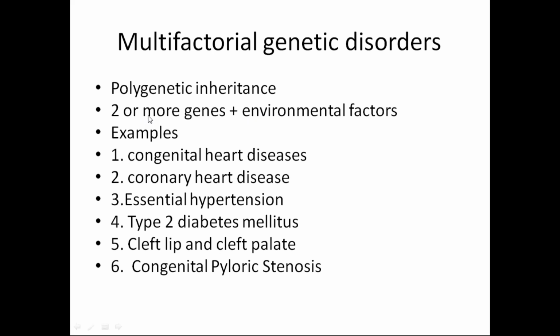These are polygenic, meaning one or more genes are affected, also associated with the influence of environmental risk factors. Examples are mainly cleft lip, cleft palate, hypertension, type 2 diabetes mellitus, coronary heart disease, congenital heart disease, and congenital pyloric stenosis in children. These are the multiple genetic disorders.